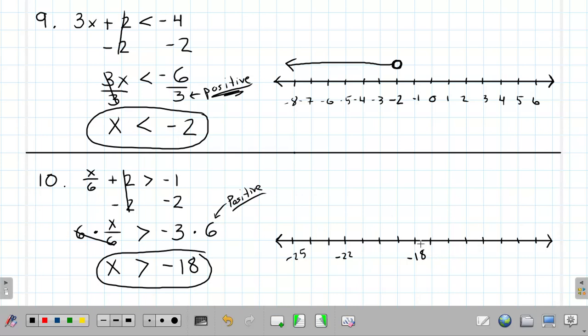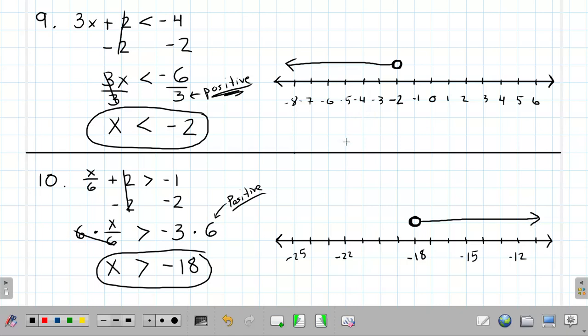Over here, we got negative 18, negative 17, negative 16, negative 15, negative 14, negative 13, negative 12, and so on, okay? But what we need is we're going to go to negative 18. X cannot be equal to negative 18, so we draw an open circle. And then we want numbers that are bigger than negative 18, and numbers are always bigger to the right.